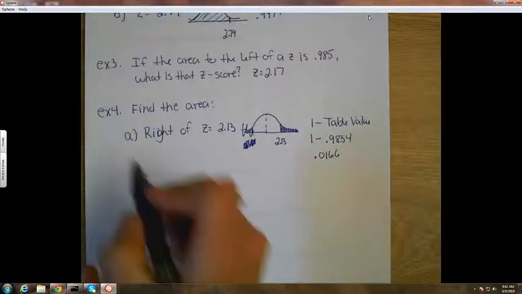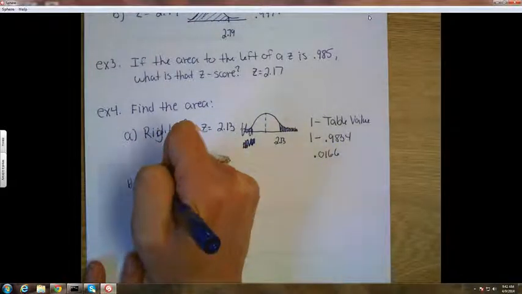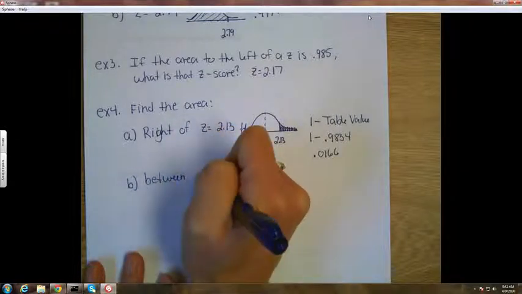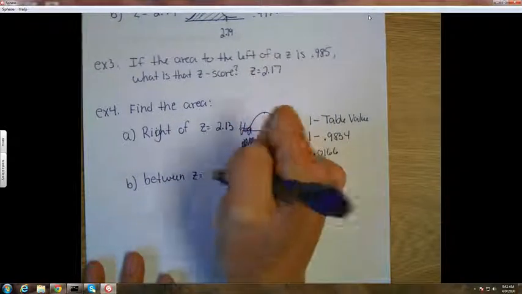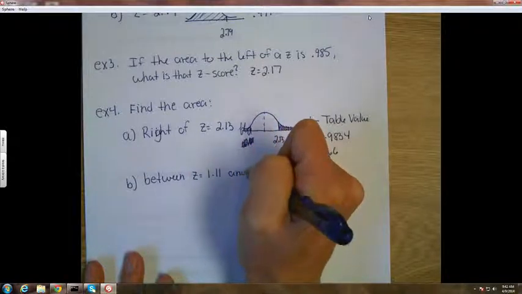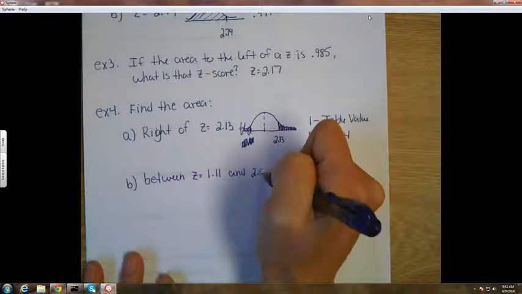Okay, what about if I give you the area, I want to know the area between a z-score of 1.11 and 2.06.